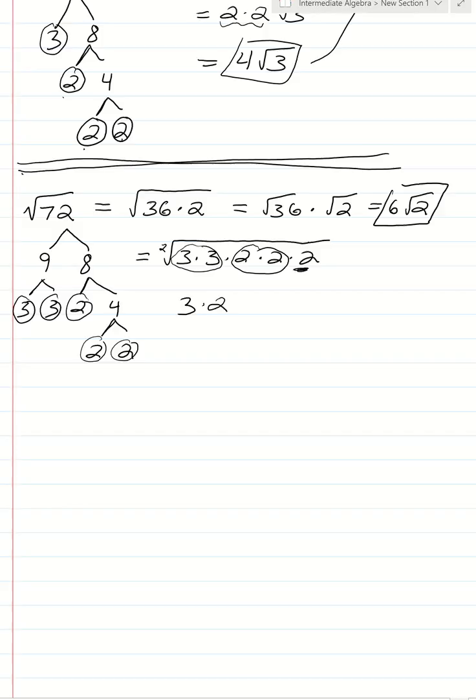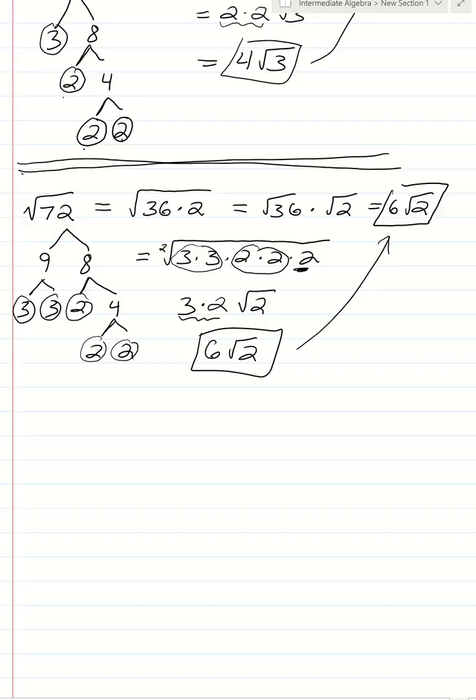And what remains is just this one 2. So now let's take that leftover 2 and leave it under the radical. We don't leave our answer like this because we could actually perform this multiplication, and 3 times 2 is a 6 square root of 2, which gives us the same answer that we did up here.